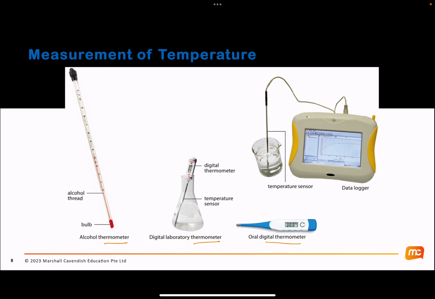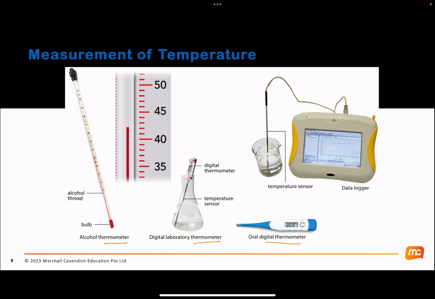But I would just want to bring your attention to this. How do we read off the value that we see in a typical thermometer? So if I were to enlarge this value over here, let's take a look carefully.